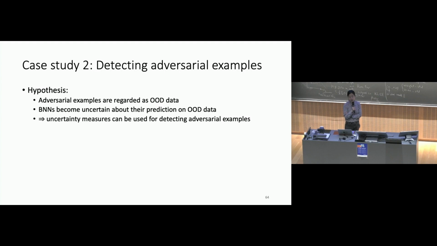And our hope is that if the approximate posterior for your Bayesian neural network contains some diverse experts, then your Bayesian neural network will be uncertain on the predictions for these adversarial samples, okay? So the idea here is that you can use these uncertainty measures as a way to indicate whether an example is an out of distribution example or an in distribution example. So that's the idea.